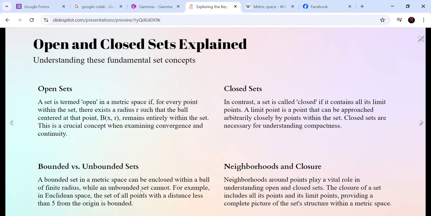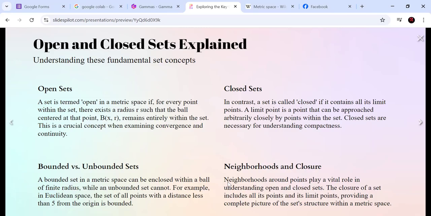While unbounded sets cannot; अनबाउंडेड जो होते हैं, अगर हमारे पास अपर बाउंड नहीं है तो इट मीन्स दैट दे आर नॉट कन्वर्जेंट. For example, in Euclidean space, the set of all points with a distance less than 5 from the origin is bounded. तो 5 से लेस वाले जो भी हैं वो bounded हैं.